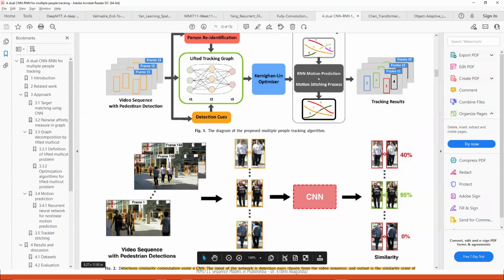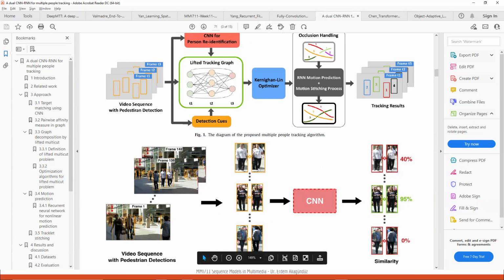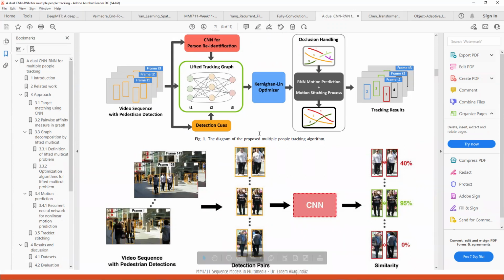So, video sequences, detections. This CNN gives a weight value to each detection, from frame 1 to frame n. So this guy can be this guy, cannot be this guy. These detection cues, these weights, are represented in a graph.